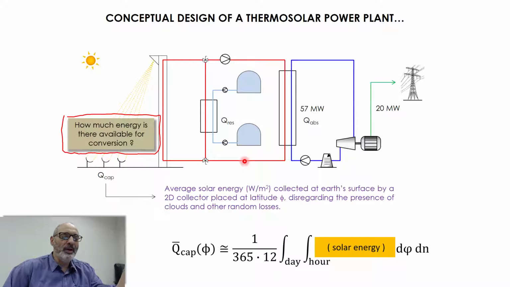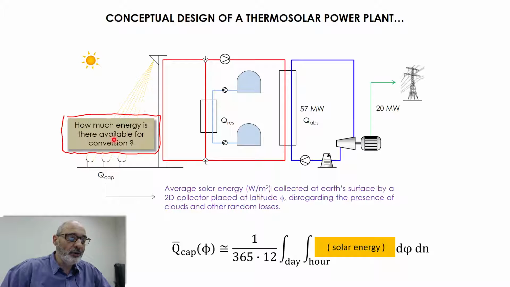If you are going to build this power plant on the equator, it's going to have different behavior than if you build this power plant, I don't know, in the South Pole, for instance. It's not a good idea to build a power plant in the South Pole, but the angles there are going to be very, very different.